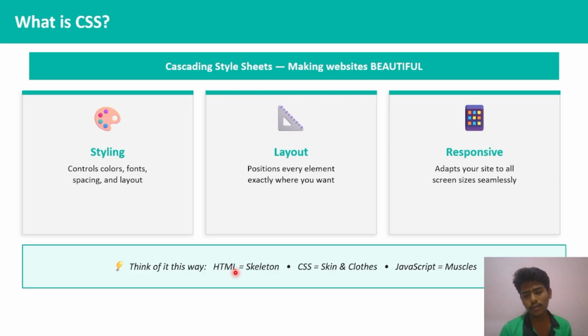If you want attractive colors, you need to use CSS. That's why CSS is like skin and clothes. Okay. Next, JavaScript. JavaScript is like muscles. Let's discuss it in the next video. Let's remember this thing; we will discuss it in the next videos. Okay.